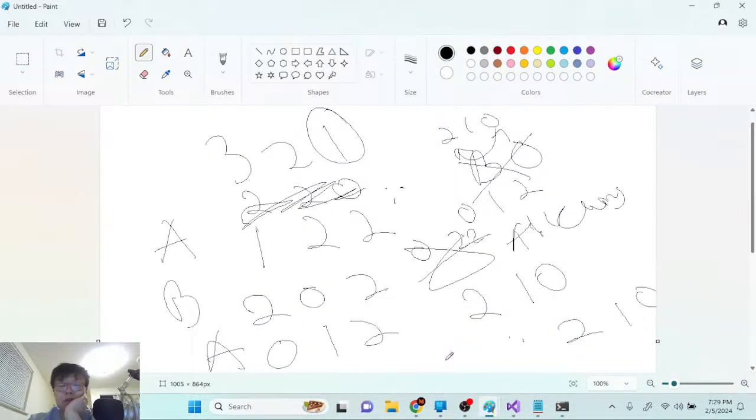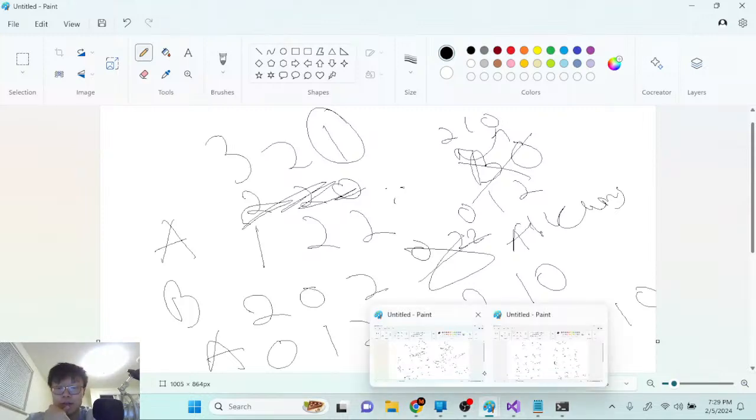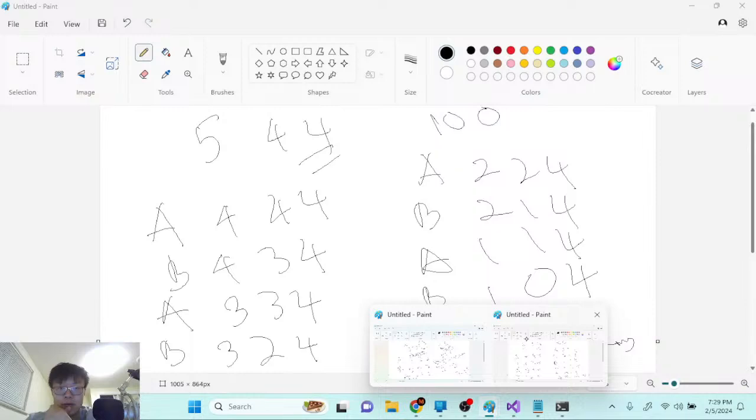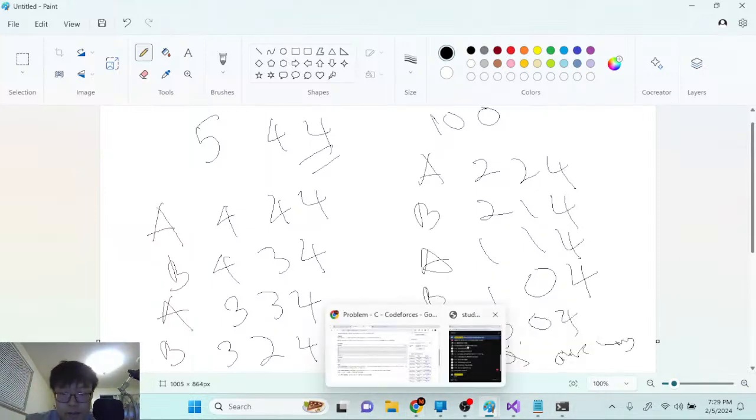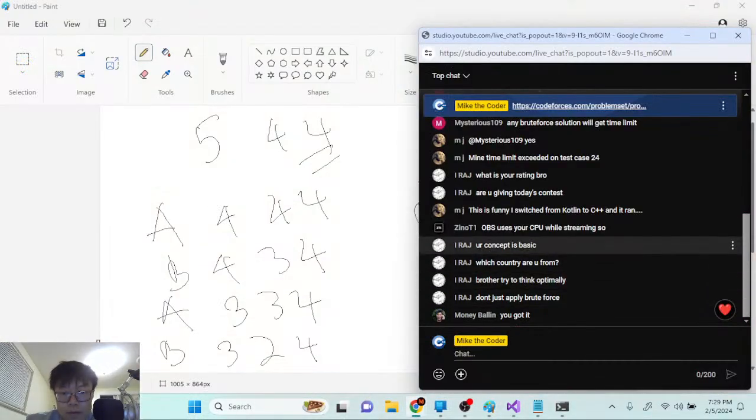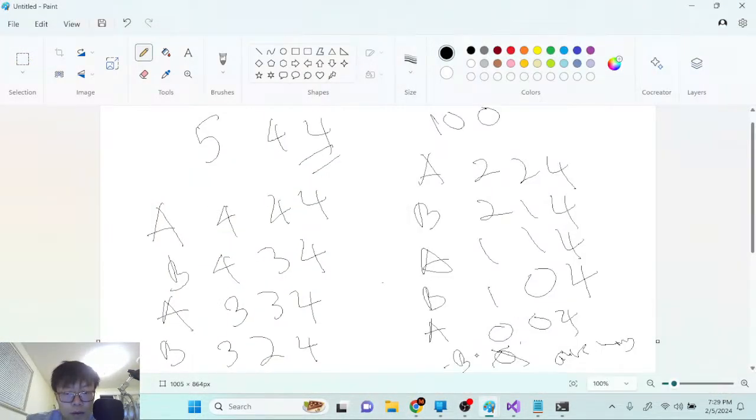Alice still wins here. Difference is even. Alice wins. Difference is odd. Alice wins, so that's not true. I am stumped. This is a hard problem.